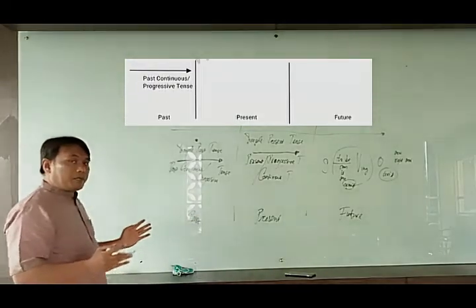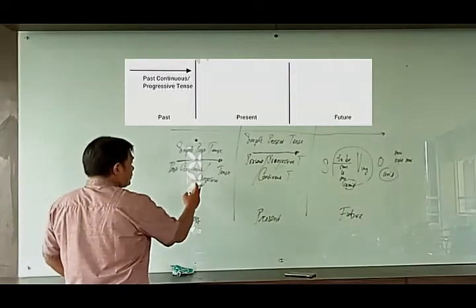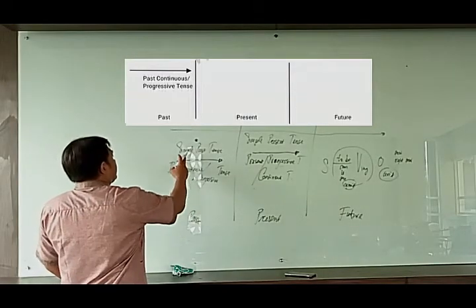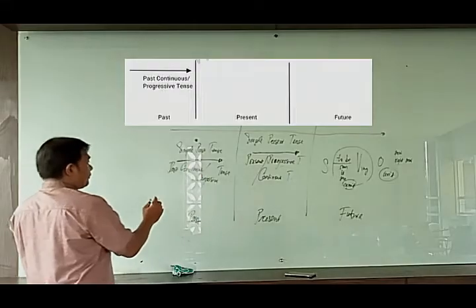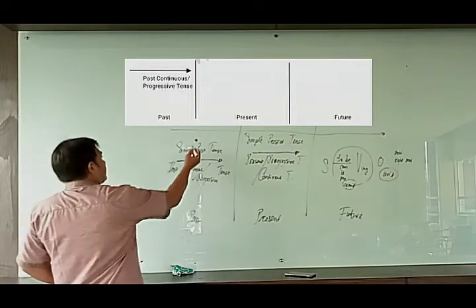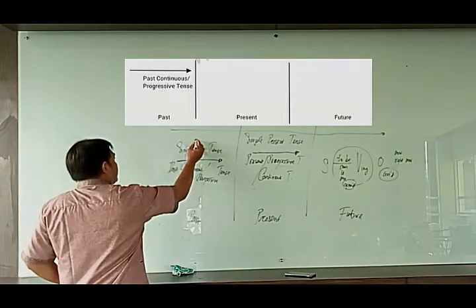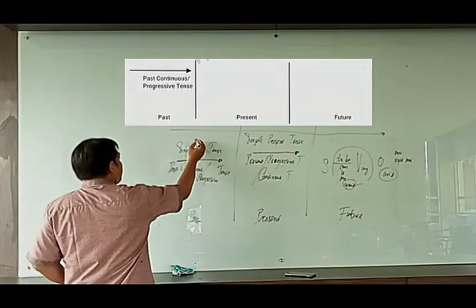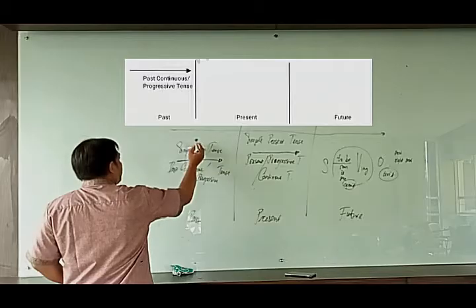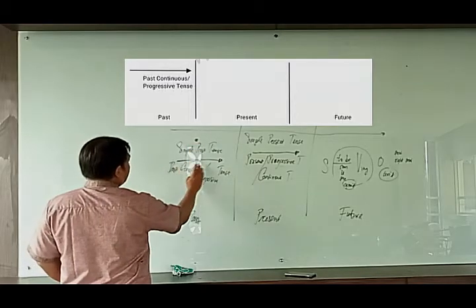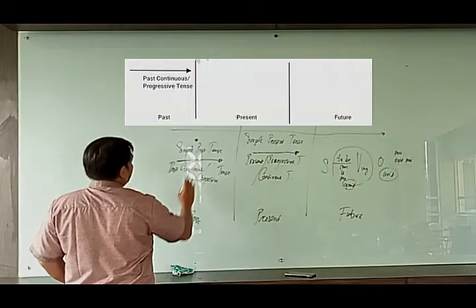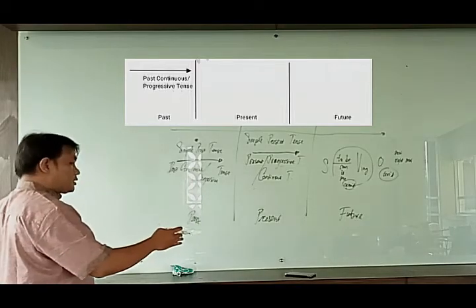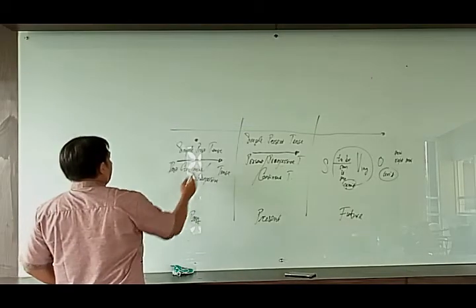So when we compare past continuous or past progressive with simple past tense, this one is a particular time at the past, and this one is a range of time at the past.